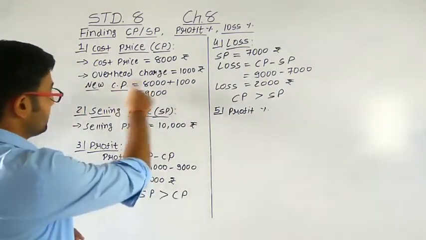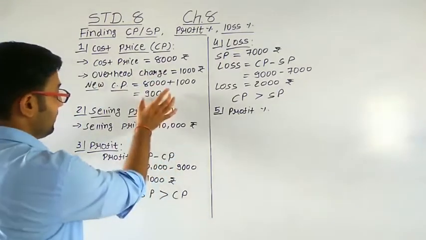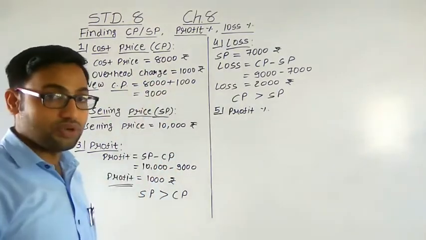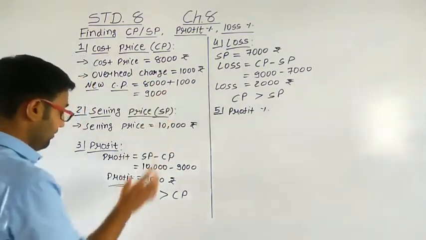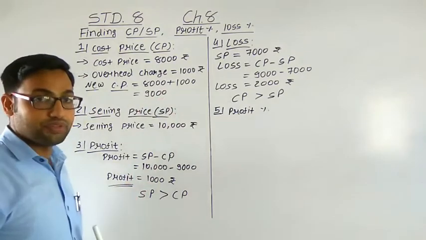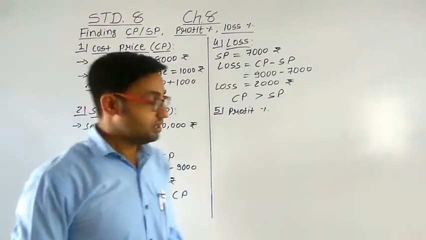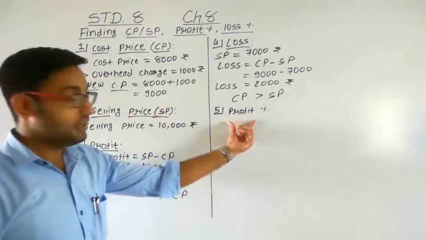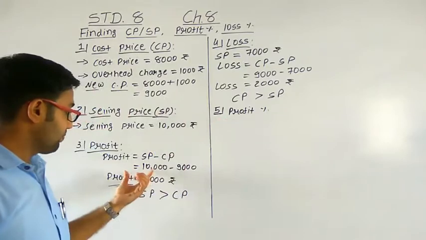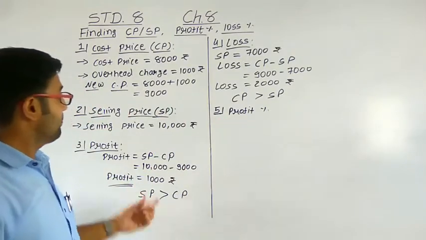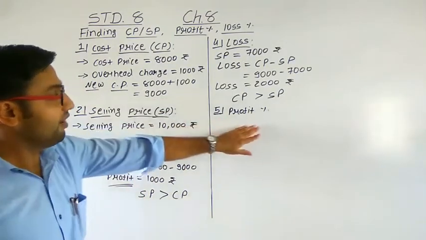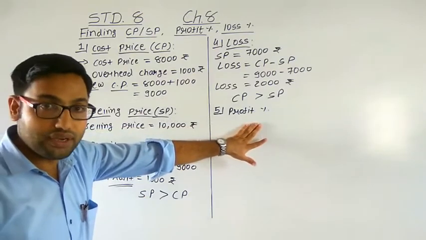Here we are considering the overhead charges, that is why we are taking the cost price as 9000. So whenever we are calculating the profit percentage, we have to take the base of cost price, because the profit comes from the cost price. So based on this cost price, we now calculate the profit percentage.